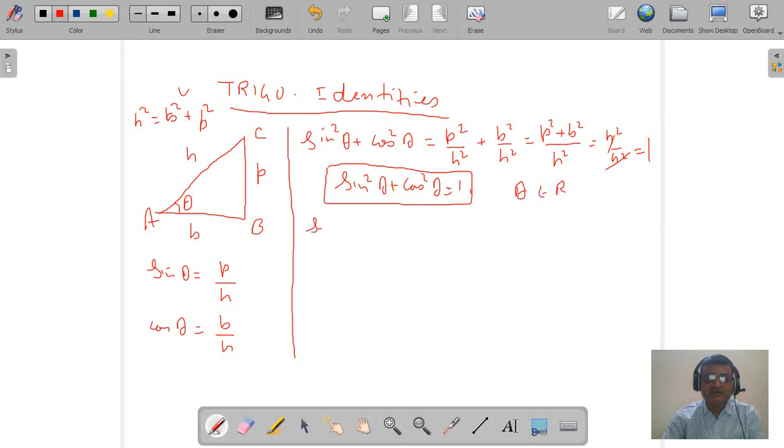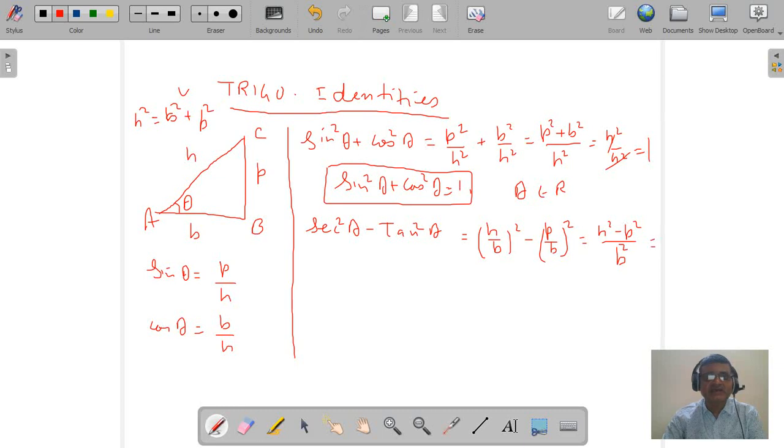Now we'll discuss sec square theta minus tan square theta. So you can see sec theta is nothing but in this case H upon B whole square, minus tan theta, it means P upon B whole square. So you can see that it is H square minus P square upon B square.